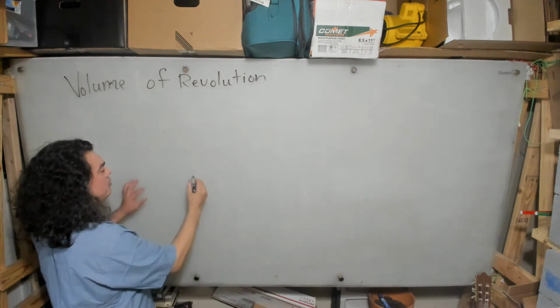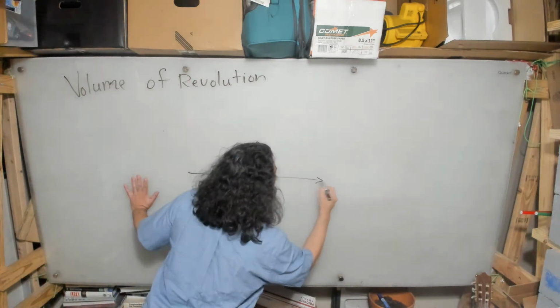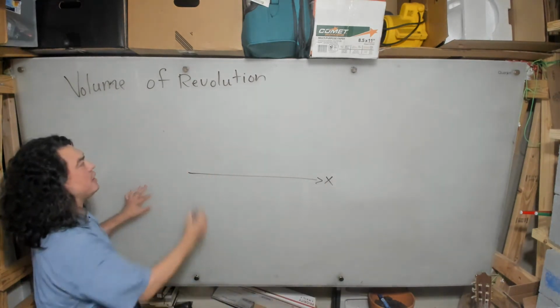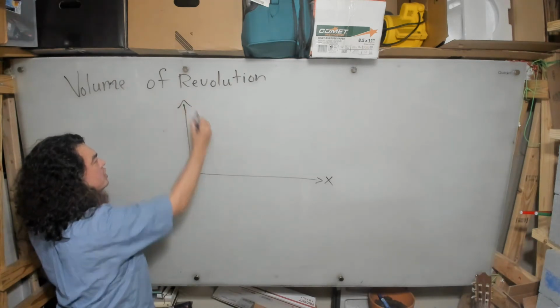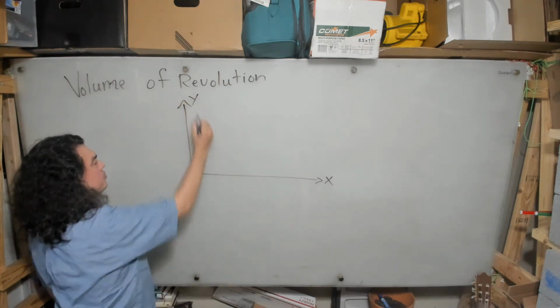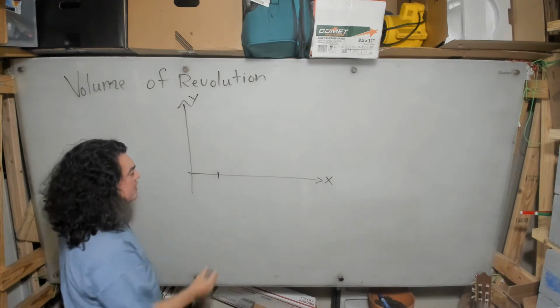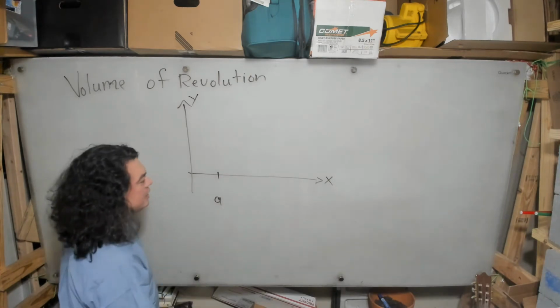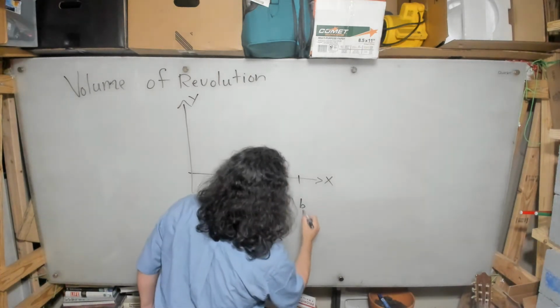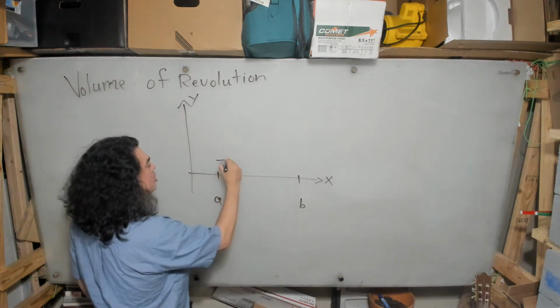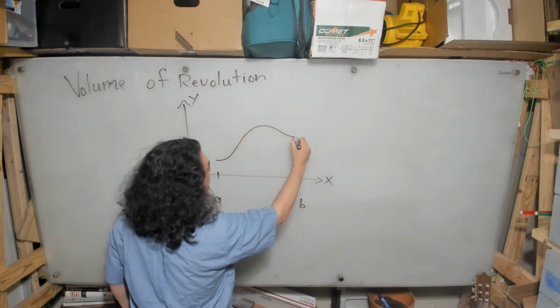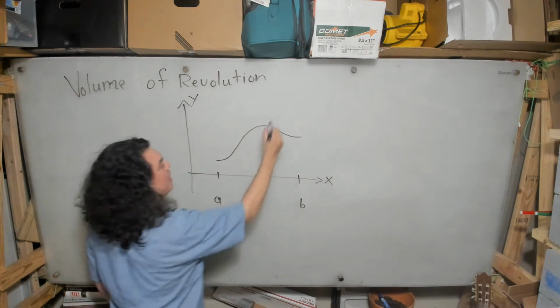So let's imagine that this is my x-axis, and again, it doesn't have to be the x-axis, but let's say it is for our discussion. Let's say this is the y-axis. Okay, and let's say this is some value a, and this is some value b, and for the purposes of our discussion, let this be my f of x.